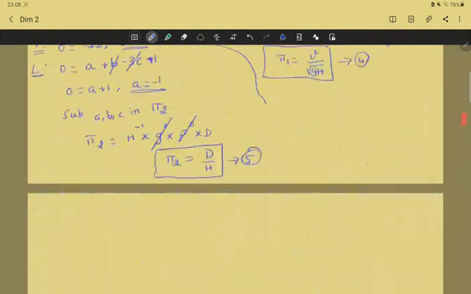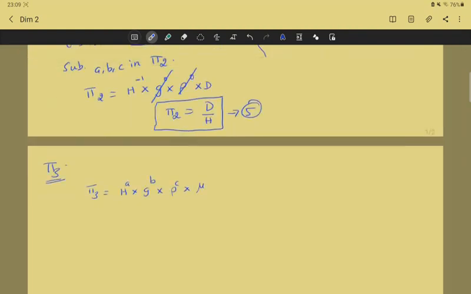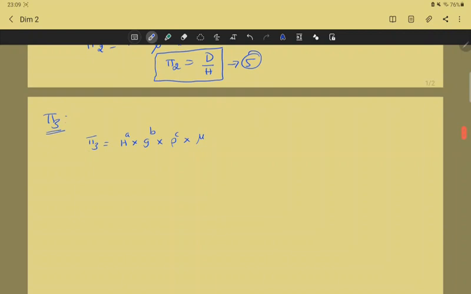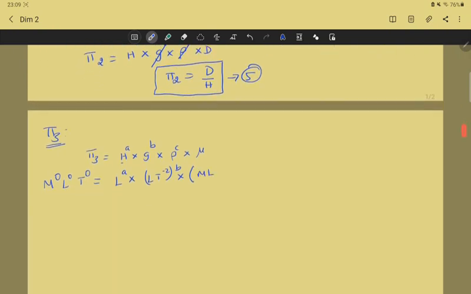Okay, shall we see? Let us write down the pi 3 terms. All that I'm now going to do is write all the dimensions. Pi 3 is a dimensionless term, so m power 0, l power 0, t power 0 equals h, which is nothing but l power a, times g, which is l t power -2, power b, times rho, which is m l power -3, power c, times mu.